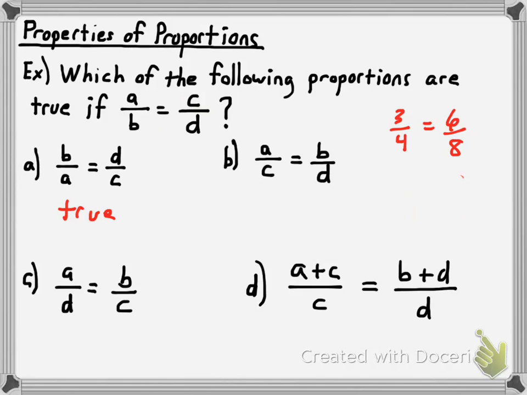All right, if I were to take the means in this proportion and interchange them, I would get 3 is to 6 as 4 is to 8. Those both equal 1/2, don't they? So you see that interchanging the means within a proportion makes another proportion. So that one is true as well.